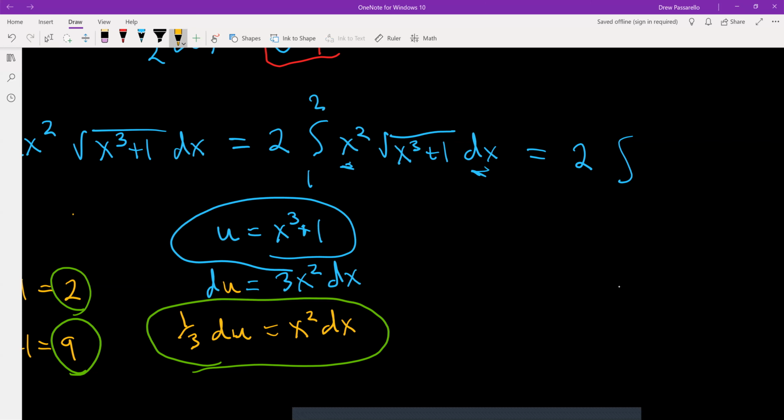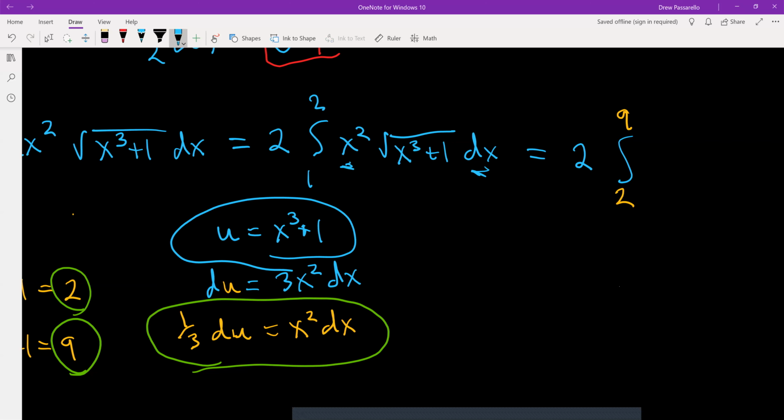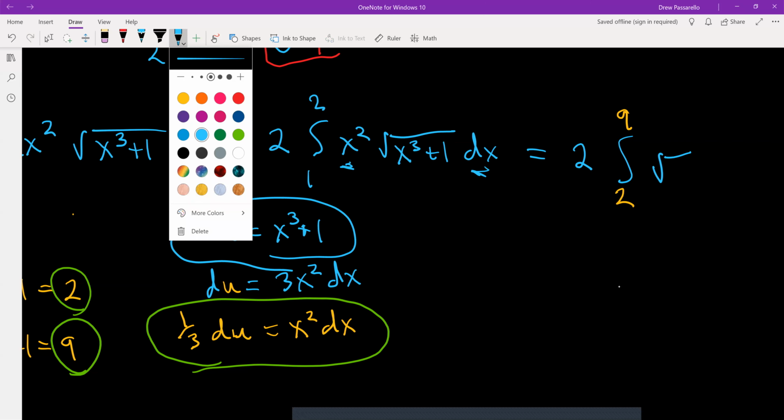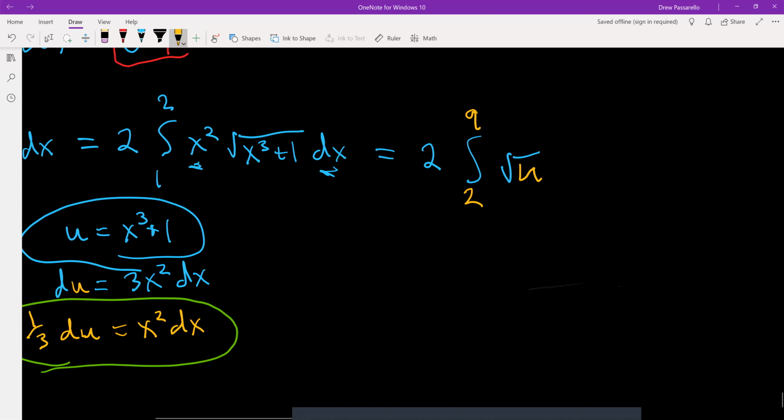I'm changing this to 2, that to 9. Now for the x squared dx, I'm going to put the square root stuff first. That's going to be the square root of u. I'm not sure why the colors are doing what they did, but u is supposed to be in yellow. And then instead of x squared dx, that's 1/3 du.